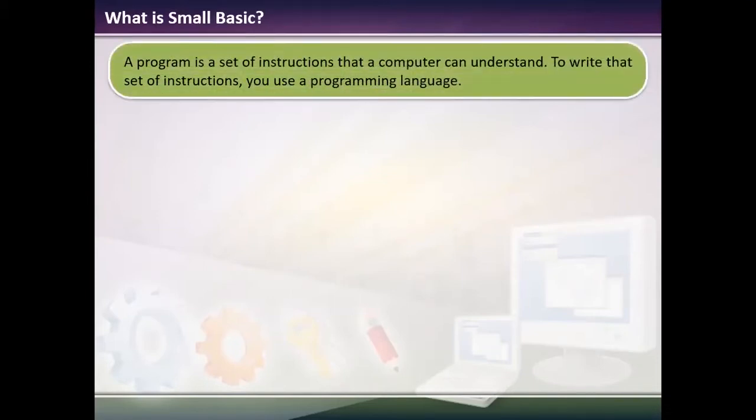First of all, let's see what is Small Basic. Small Basic is a programming language. A program is a set of instructions that a computer can understand. There are various kinds of programming languages: HTML, CSS, JavaScript, popular ones like Java, C#, Pascal, Python. There are thousands of programming languages in the world nowadays.